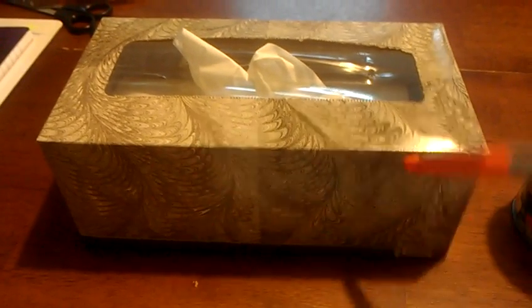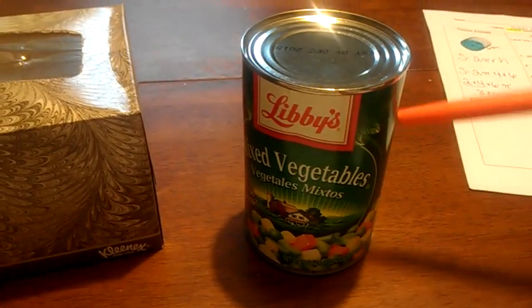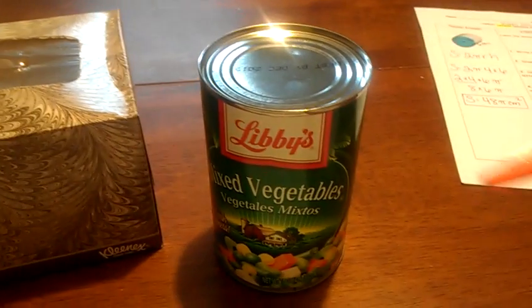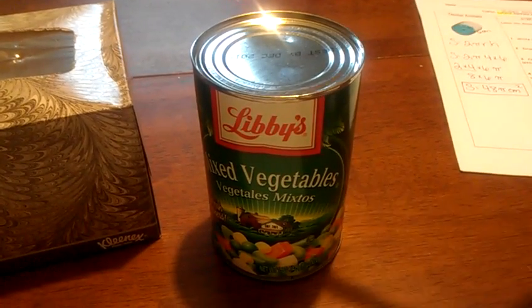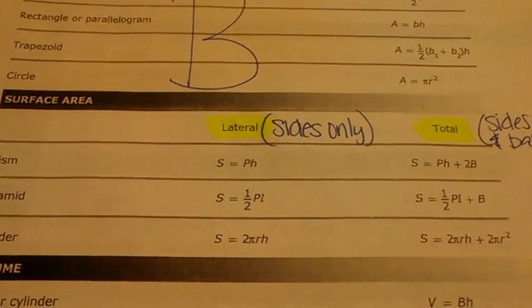Total is all the sides plus your 2 bases. Lateral for here is just the sides, basically the label of this can. And then total is the label of the can plus your 2 bases. So that's the difference in lateral and total.